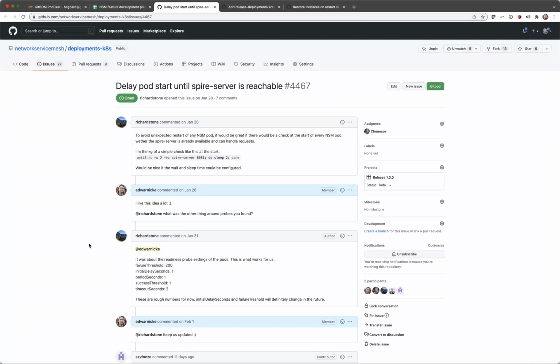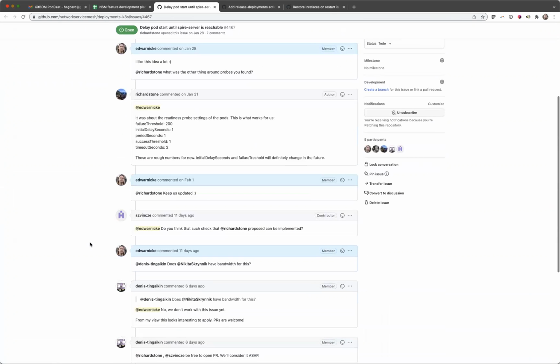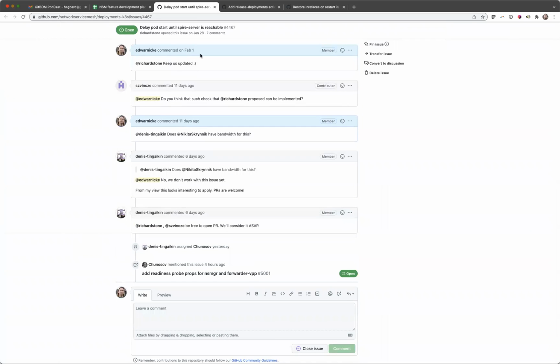So my question is, what is the proper solution you expect to have here? Is it really to delay pod start, or just to adjust some probe properties? So this is something where, and I'll take a note that this has to be broken into two issues. There are two things that are actually talked about in this issue, and they got muddled together.